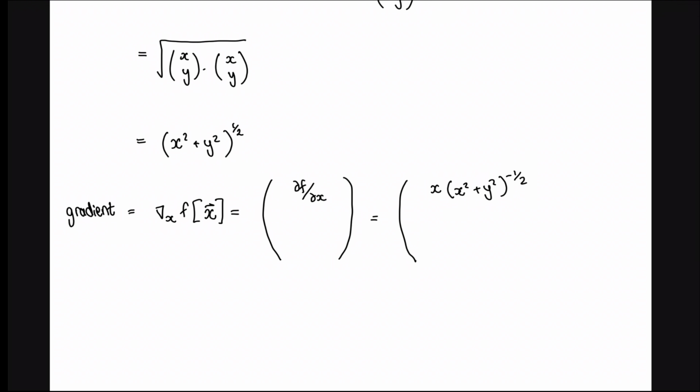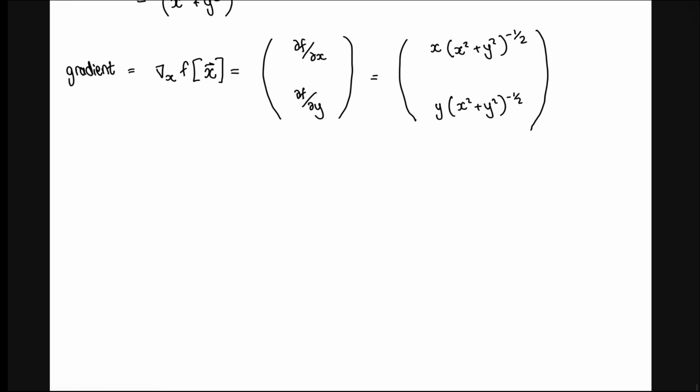That is simply because to differentiate this we use the chain rule, so we times by the power, subtract 1 from the power, and differentiate the bracket, and so we get this, and this is the same as this. And then we need to find the partial derivative with respect to y, and that is simply going to be y times (x squared plus y squared) to the power of minus a half.